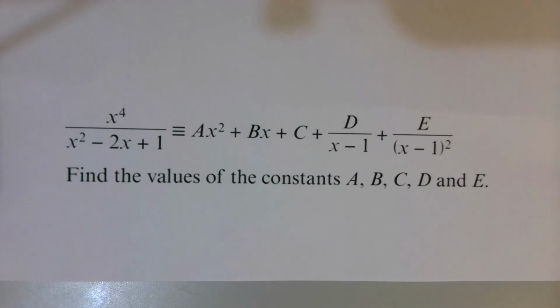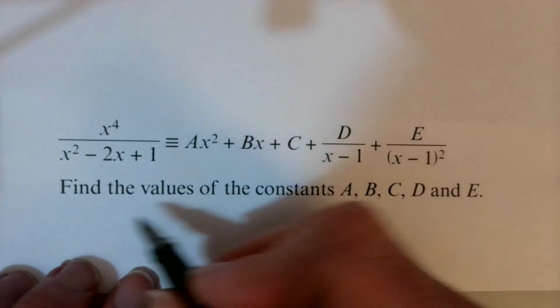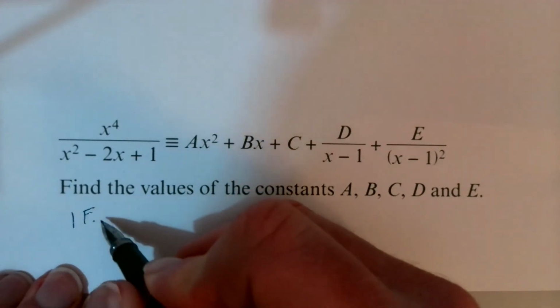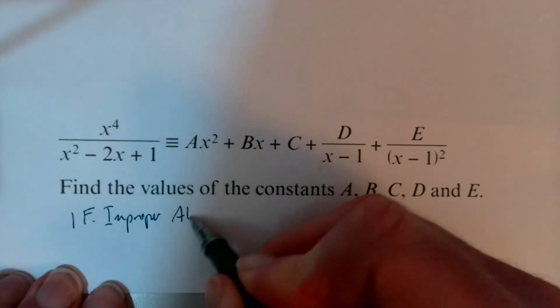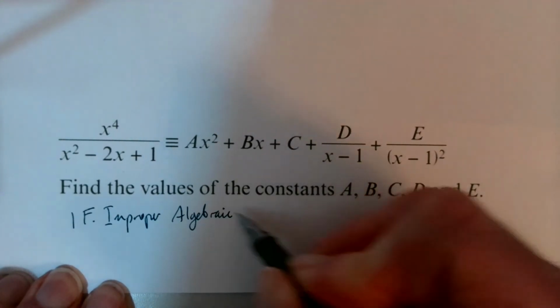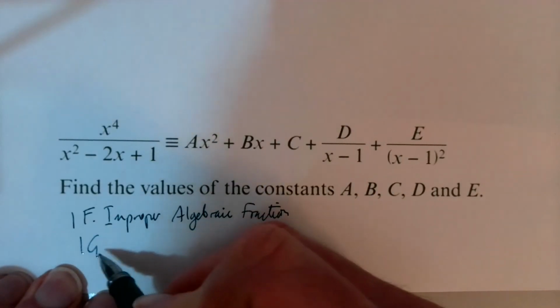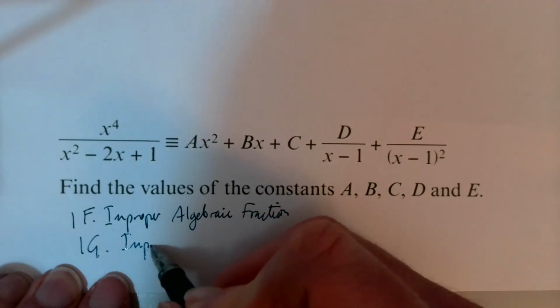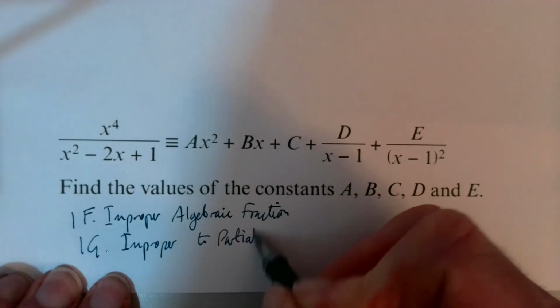If you're finding that you're not there, you can always follow through that playlist that I put on yesterday, and the two in particular that are really important for that are 1f, the improper algebraic fractions, and 1g, improper to partial fractions.